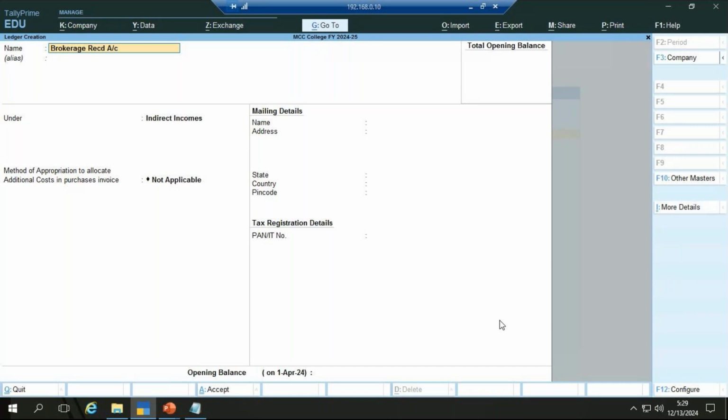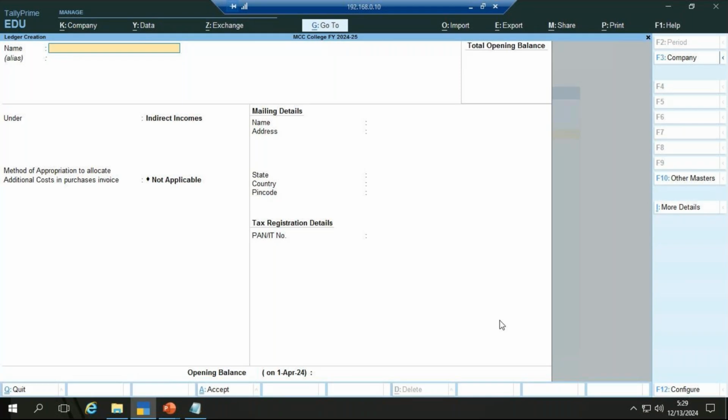Done, ma'am. Fine, fine. So Control A with this. So we created rent received, commission received, after that brokerage received. All these three ledgers come under indirect income.